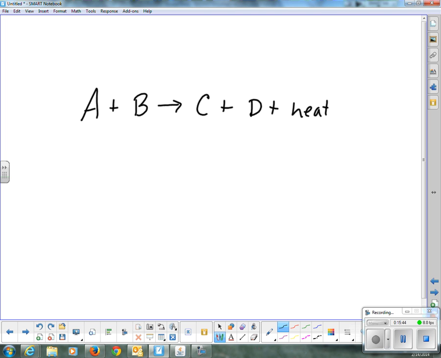Okay, now assume this time I only have one gas, and this is the gas. If I increase the pressure, it's going to go to the side, so I'm going to increase pressure, and it doesn't matter how I do it, but if I increase pressure, since this has 1 and this has 0, then the reaction is going to go forward because it goes to the side with the least amount.